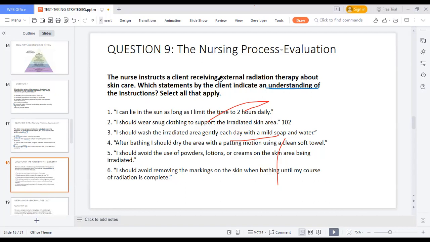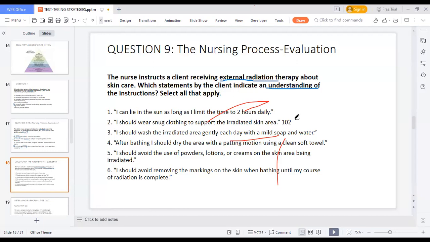And the subject of the question, external radiation. So now, by identifying the subject of the question and what the question is asking, you should be able to visualize and be able to pick out the options. If you have not read about radiation, go and read about radiation after this class.